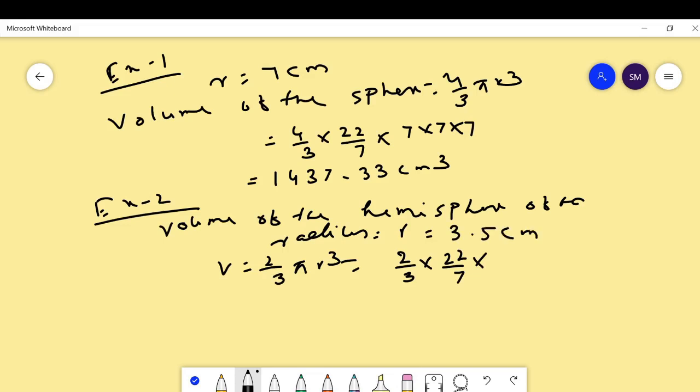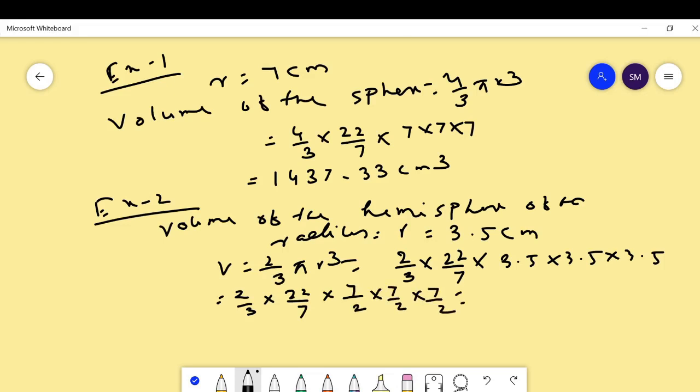In place of 3.5 we can write 7 upon 2 into 7 upon 2. By calculating this we get 89.83 centimeter cube.